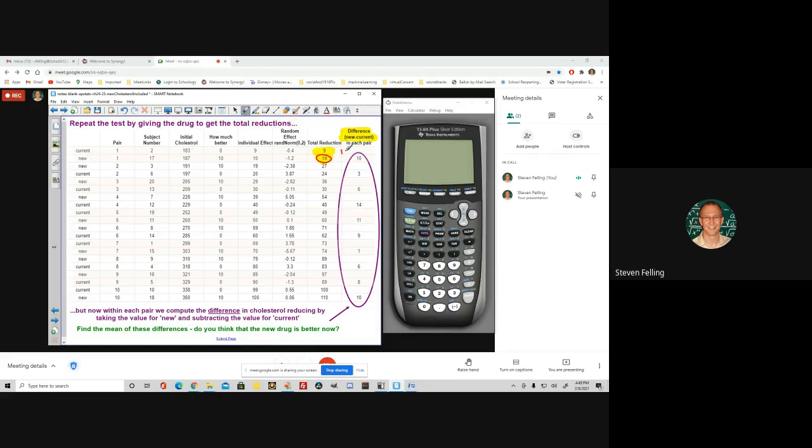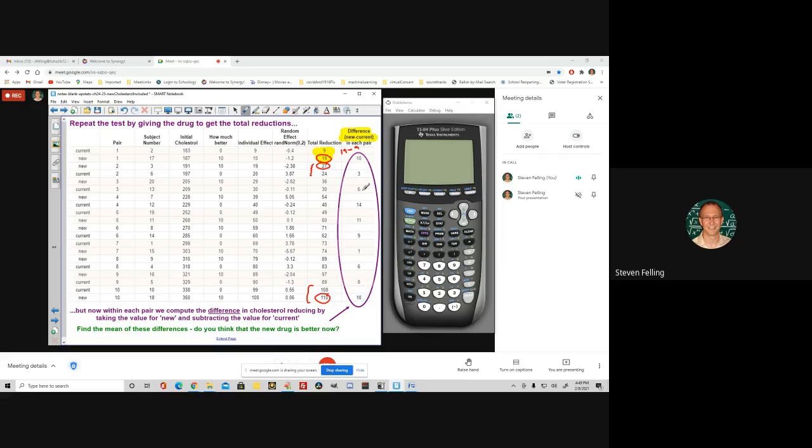So we're going to take 19 and subtract 9 to get that in this pair, the new drug worked 10 points better than the old drug. Okay, and then we do the same thing for this pair. In this one was the new drug. So if we take 27 minus 4, the new drug worked 3 points better in this pair, and so on. In this pairing down here, the new drug was this one. 110 minus 100 means that the new drug worked 10 better.